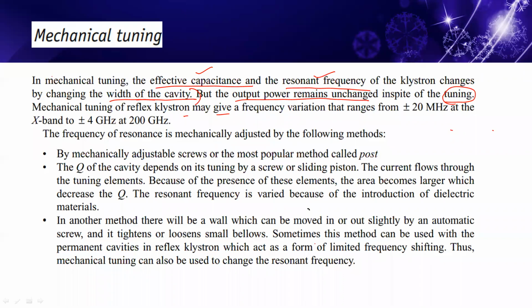Practically, in industries, the frequency of resonance is adjustable mechanically by the following simple methods. Number one is the mechanical adjustment of the screws, called posts.